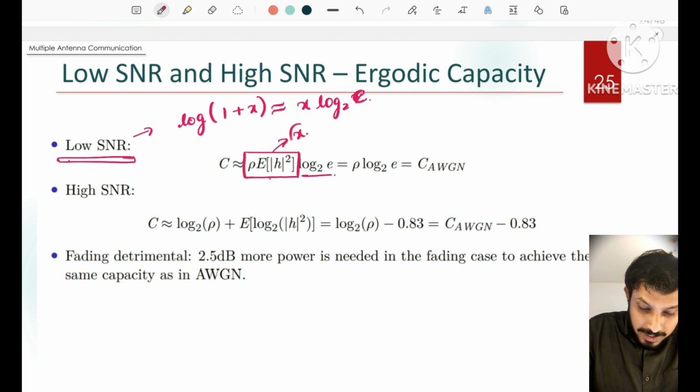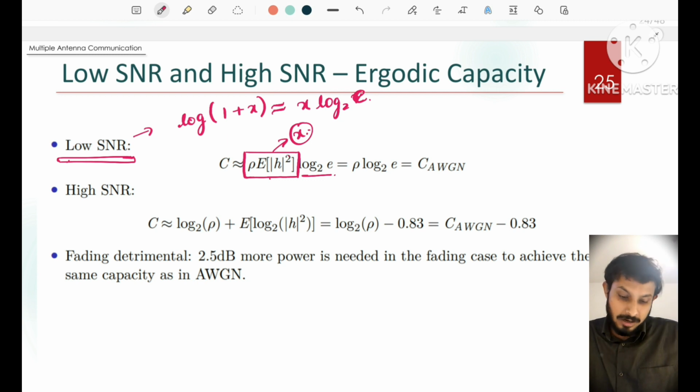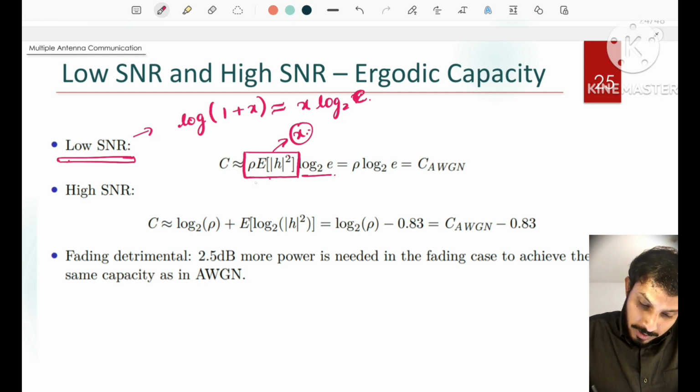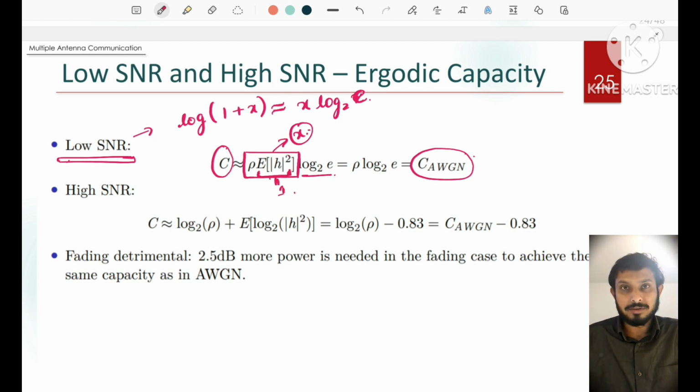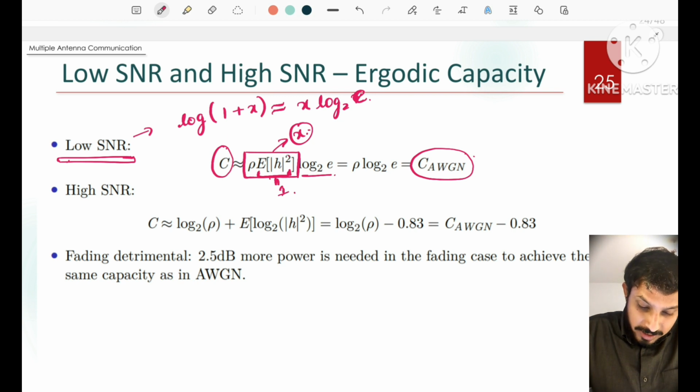This x is the instantaneous SNR. And in this case, the ergodic capacity is equal to the AWGN channel capacity when the expectation of the channel gain is equal to 1.